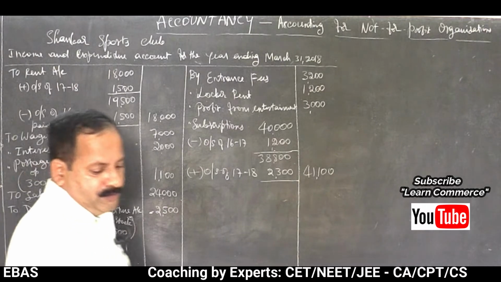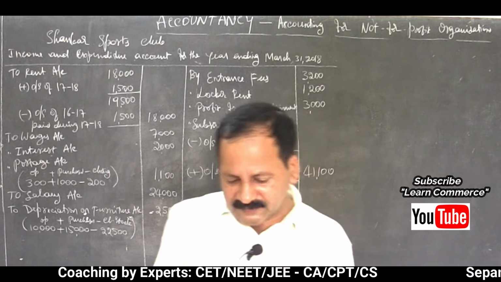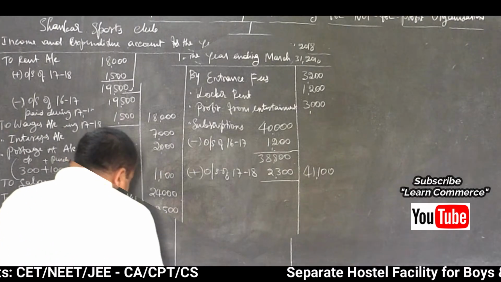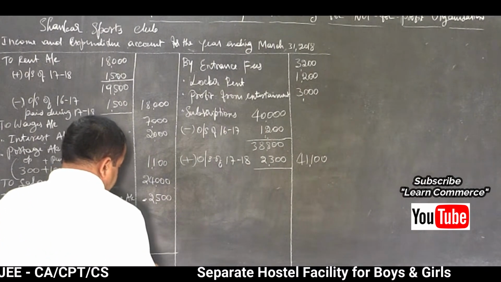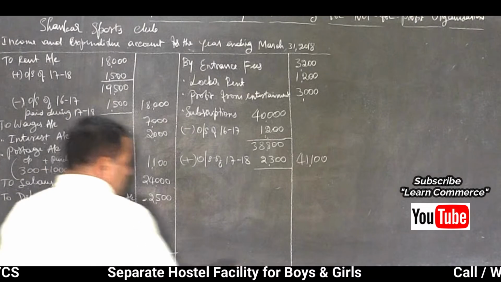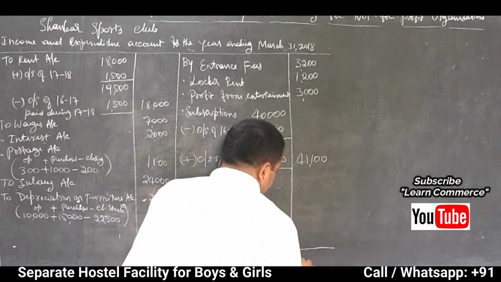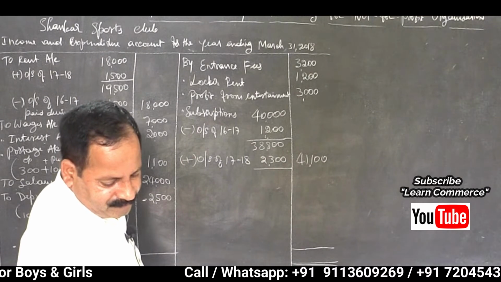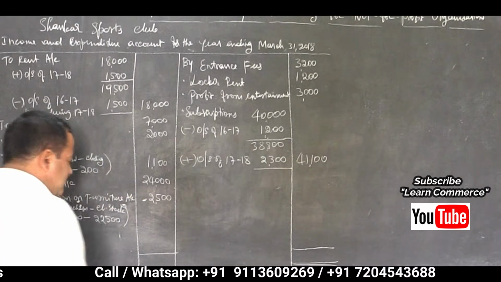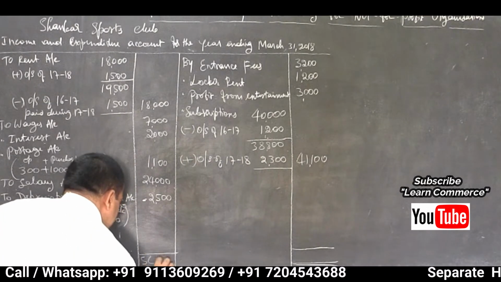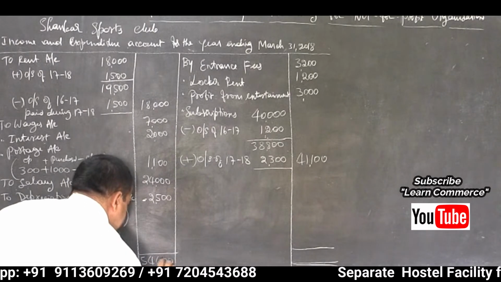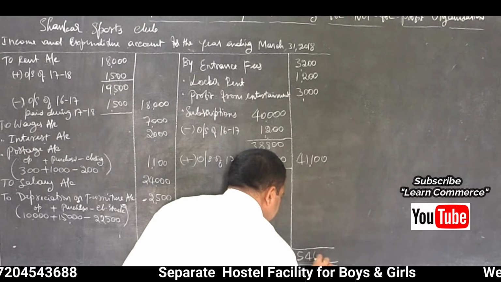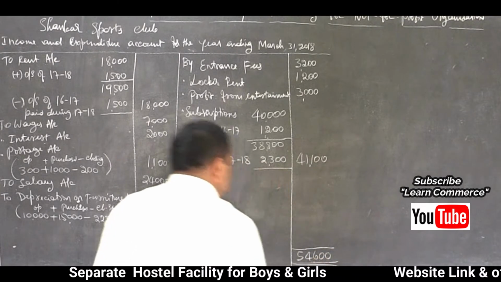That's all. Now close it, find out the difference. That will be surplus or deficit. This side is greater, expenditure is more than the income. So take the total of the debit side first. It is 54,600, isn't it?